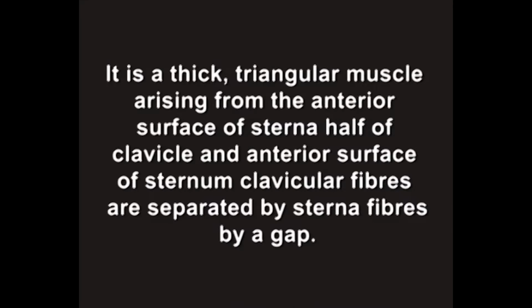Pectoralis major. It is a thick triangular muscle arising from the anterior surface of the sternal half of the clavicle and the anterior surface of the sternum. Clavicular fibers are separated from sternal fibers by a gap.